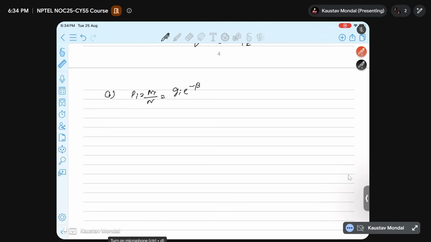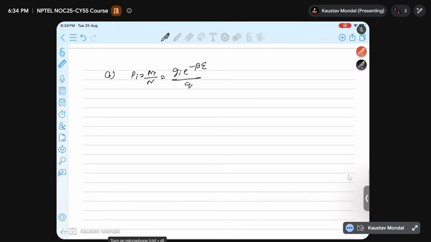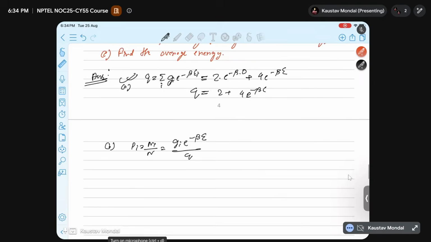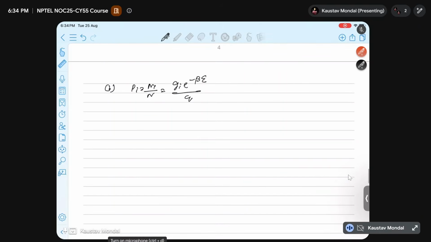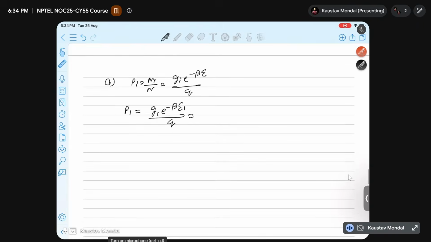For the excited state, that means at g1, P1 would be g1 into e to the power minus beta epsilon by Q. So g1 is basically 4, right?